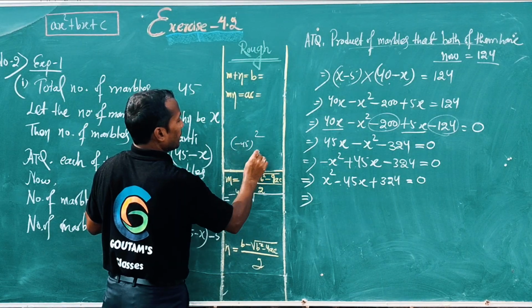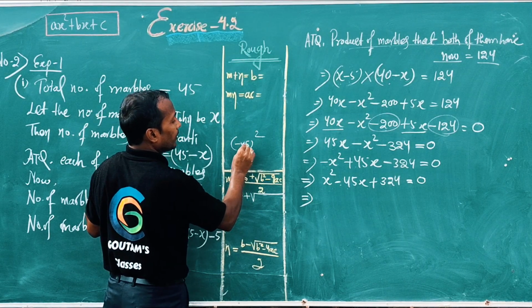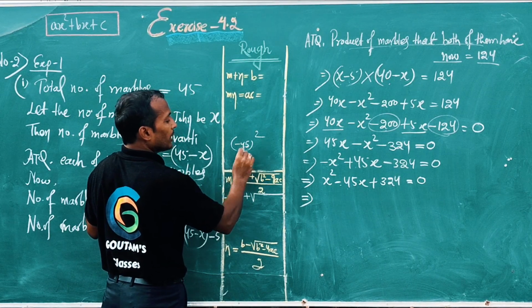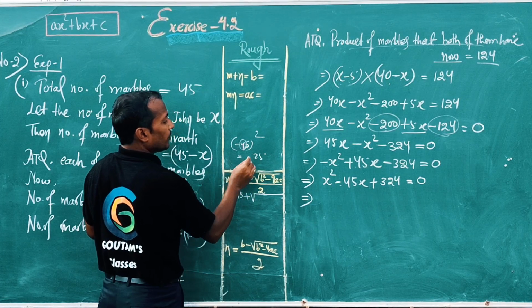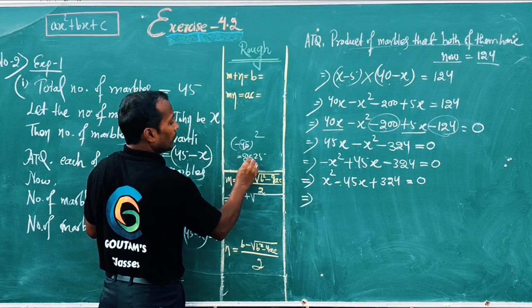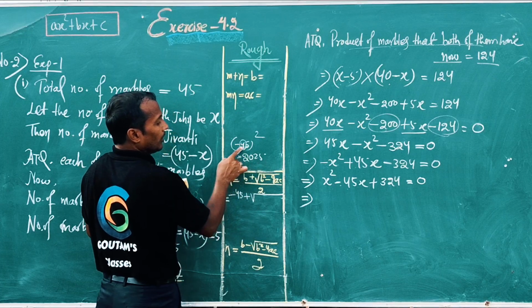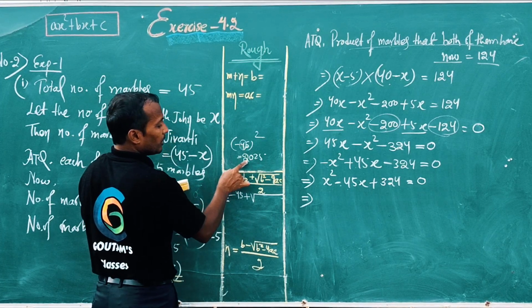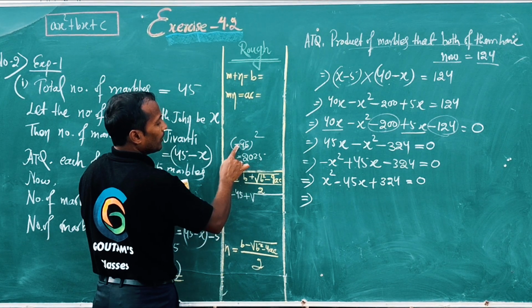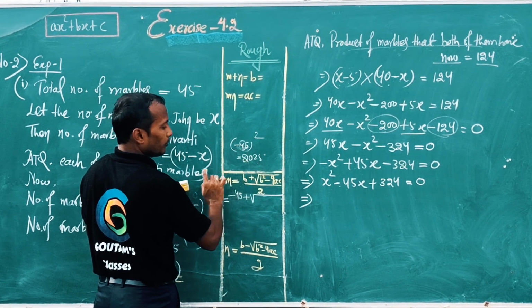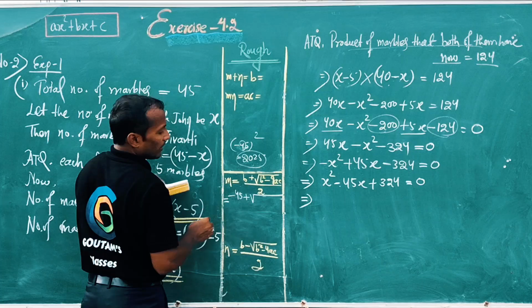For a number ending with 5 we can calculate the square easily: square of 5 is 25, and multiply 4 with the next number 5, so 4 into 5 is 20. So the square of 45 is 2025. Square of negative is positive, so we have 2025.